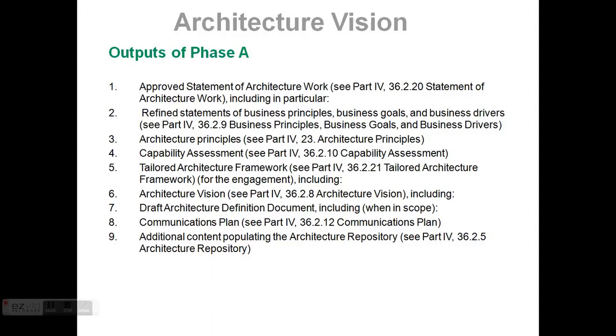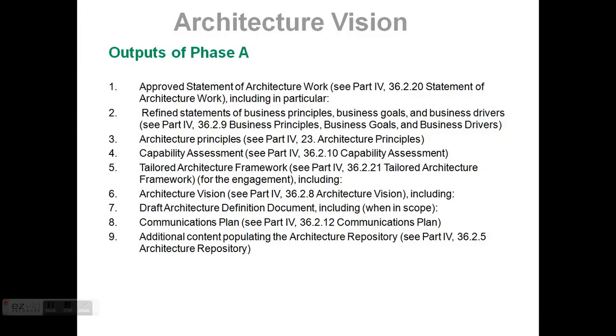Output 7 is where we define a draft architectural definition document that may include things such as baseline business architecture, baseline technology architecture, baseline data architecture, baseline application architecture, target business architecture, target technology architecture, target data architecture, and target application architecture.